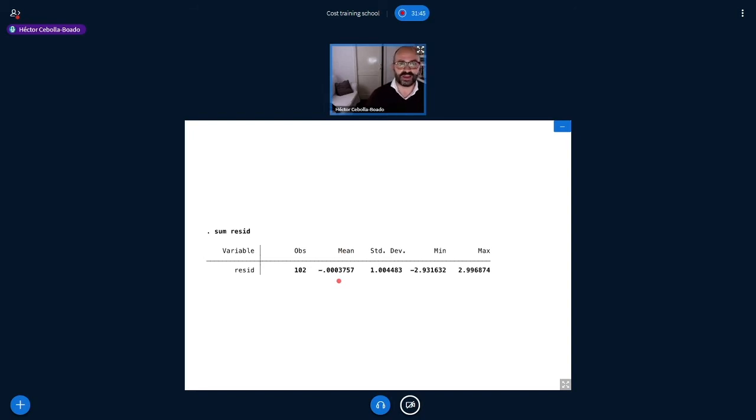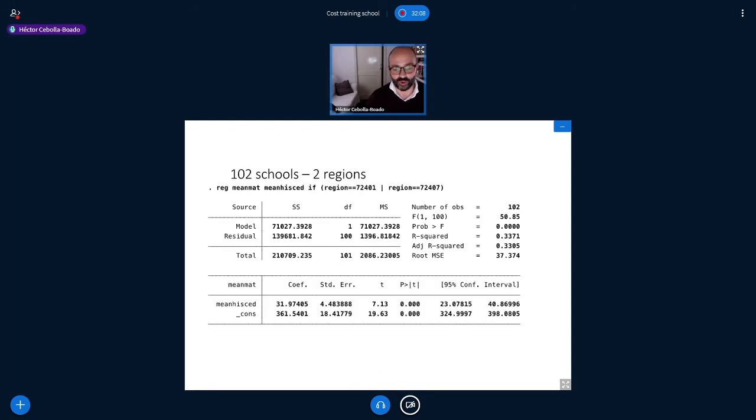So there's no sign of alert. It's okay. We are fulfilling the requirements of regression. Residuals are apparently randomly distributed, as I will show now, with an average of 0. This will then be, in principle, a good modeling strategy.